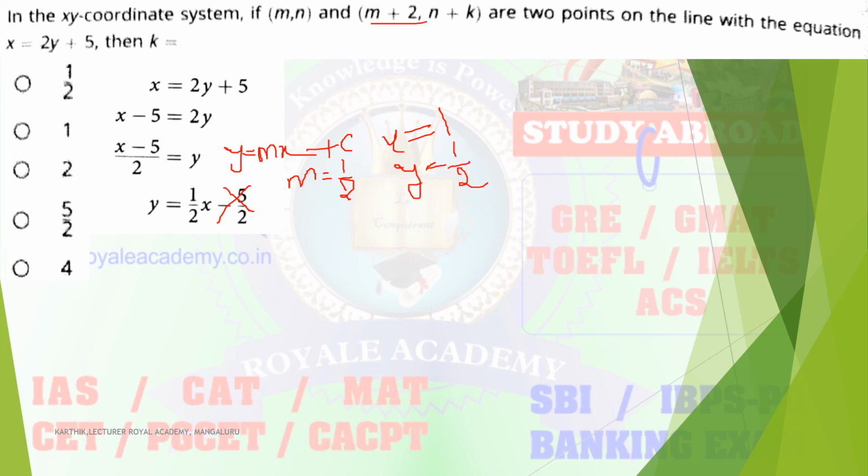But here they mention m plus 2, so x is equal to 2. While substituting x is equal to 2, what is the value of y? Half into 2, so you will get the value 1. That is nothing but the k value.